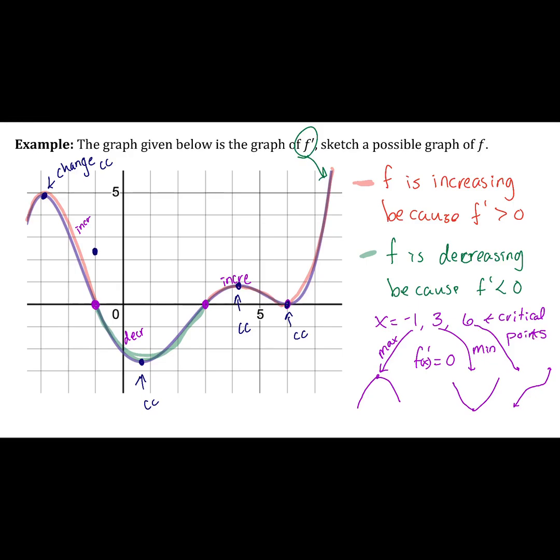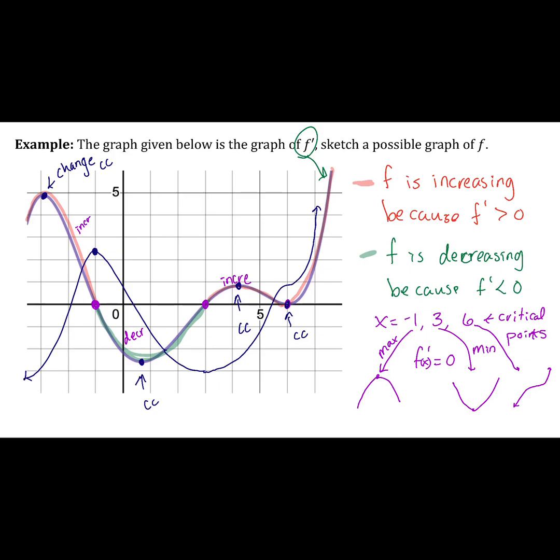But I'm going to draw a max right there, and then it's going to go like this, and then maybe we'll have our minimum there. And then here at 6, it's going to have that point where it levels off and it's going to go back up. Okay, not too bad.